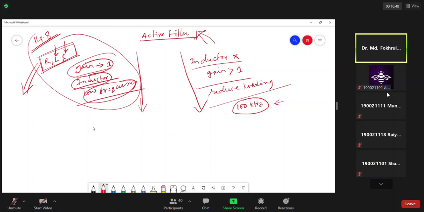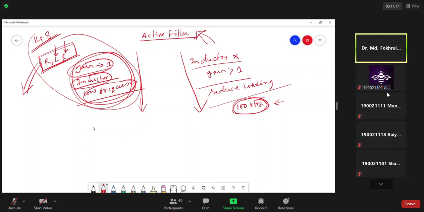Excluding these two types, there is another kind of filter. This is usually not discussed here, but keep in mind that another kind of passive filter is also used in high frequency. The RLC can be applied in high frequency, but it has a limitation, and the active filter can overcome this limitation, but it cannot be applied in high frequency.